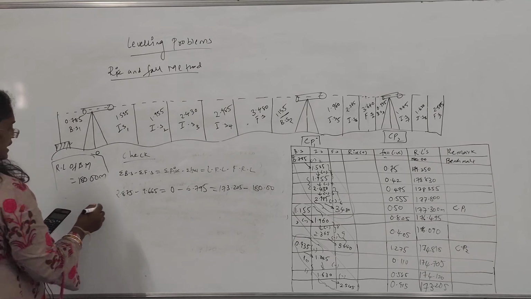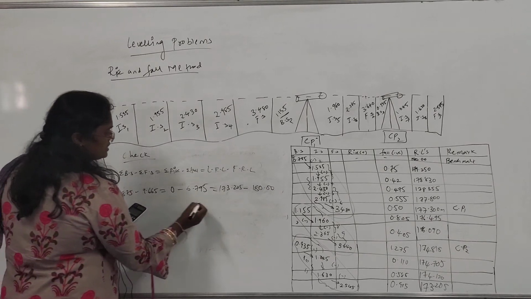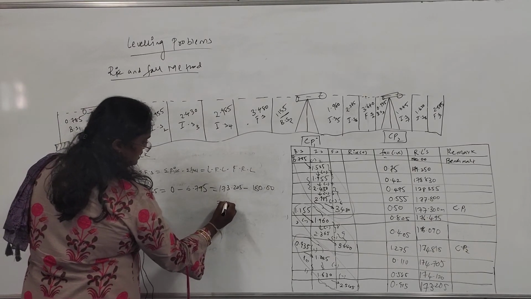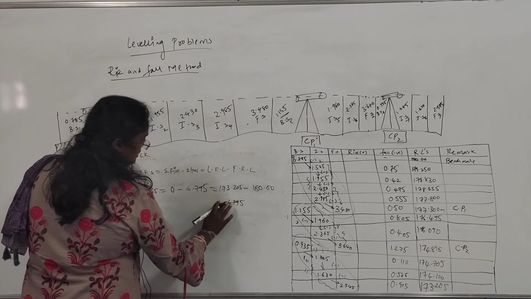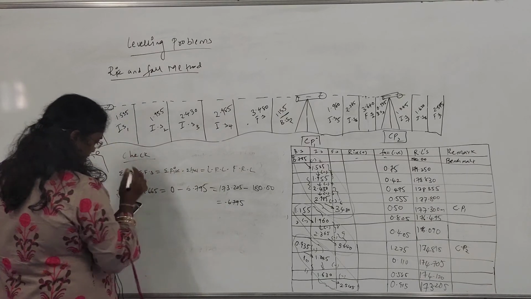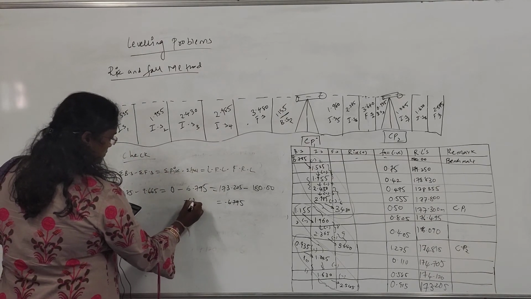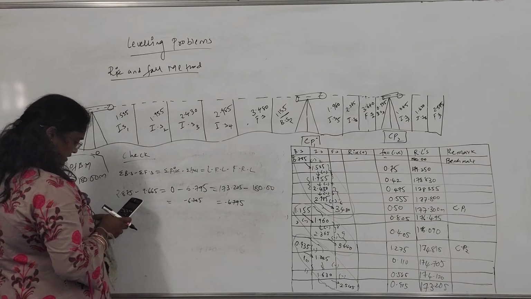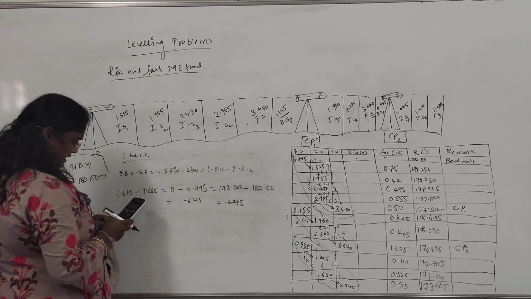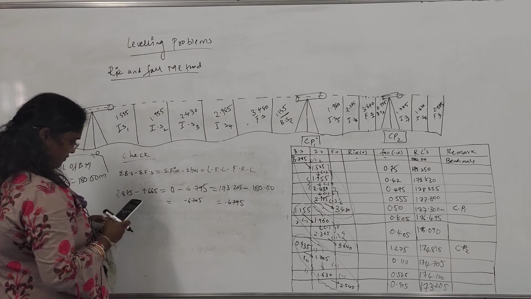Here this value is minus 6.795, next here also minus 6.795, and here 3.875 minus 9.665 will give you how much?